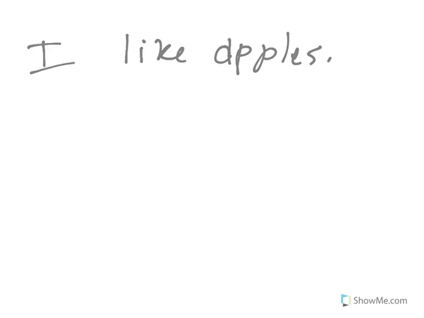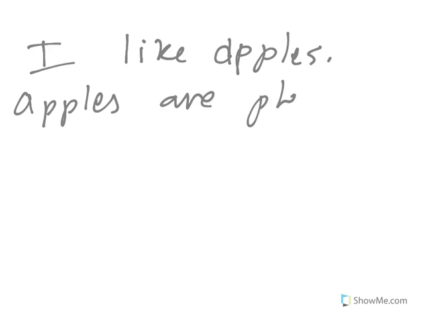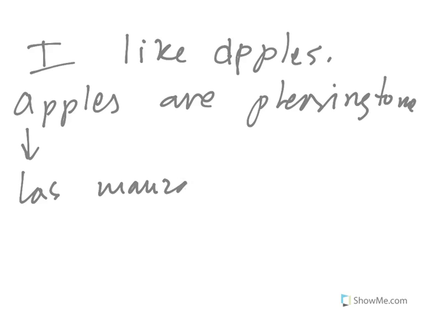So let's do it one more time, a little cleaner. So you want to translate the sentence, I like apples. You rewrite it. Apples are pleasing to me. Then you translate it, las manzanas me gustan.